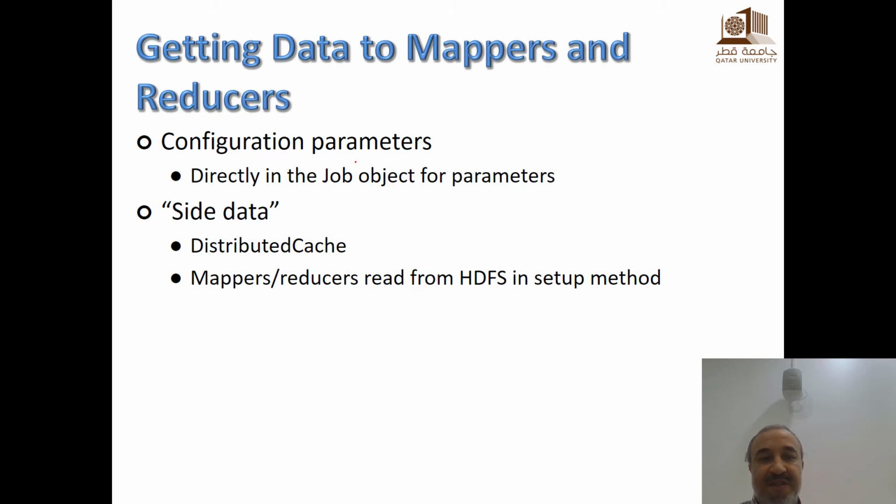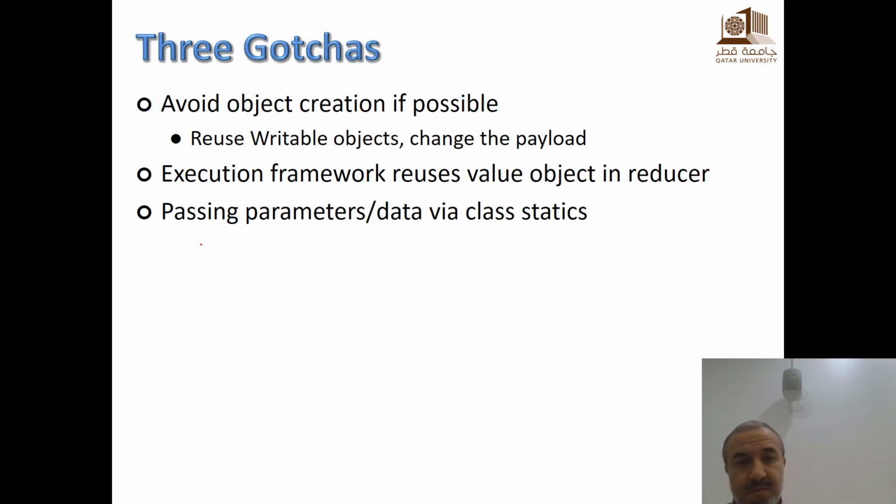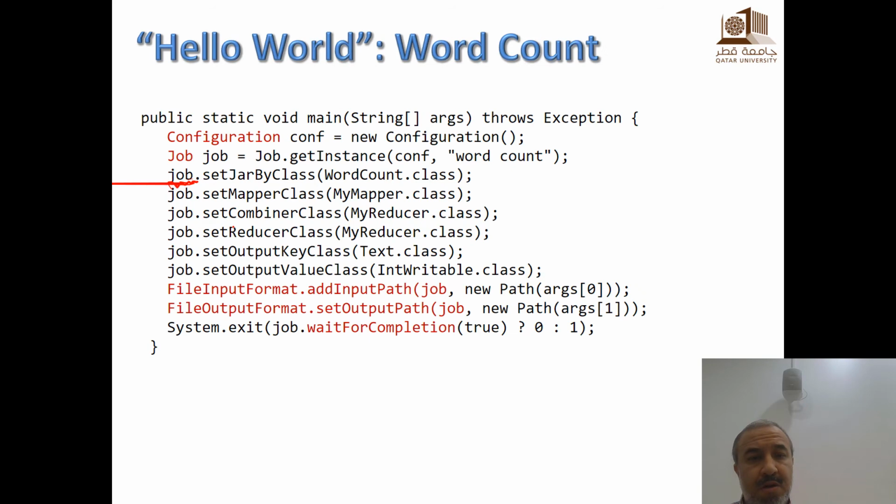So that's again configuring the parameters directly in the job object. So could you please go back to the previous slide? How is the data passed from the mapper to the reducer?